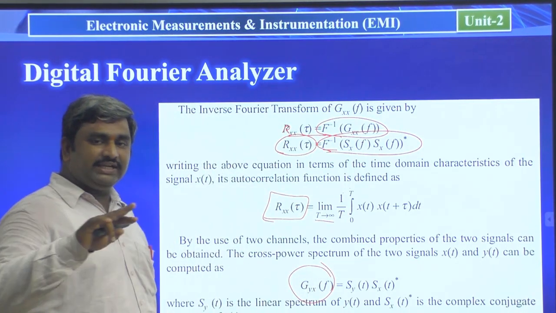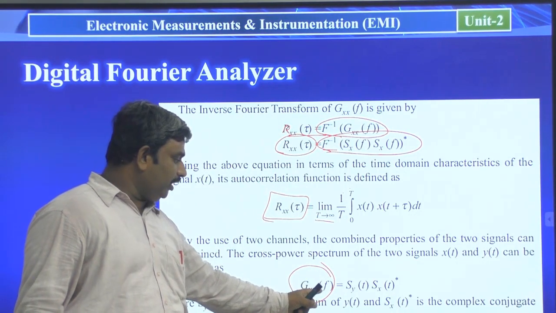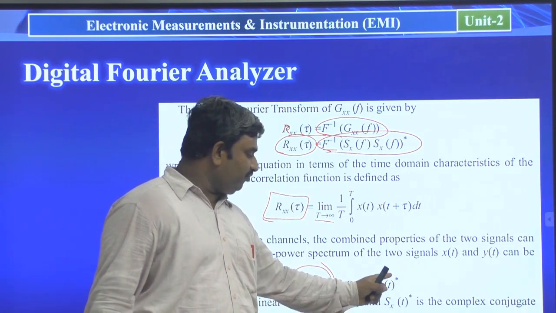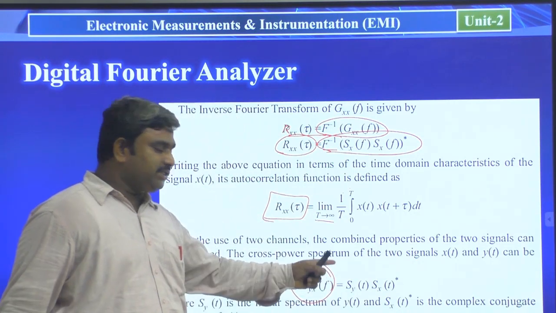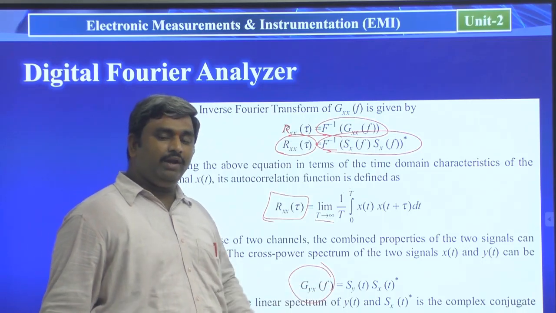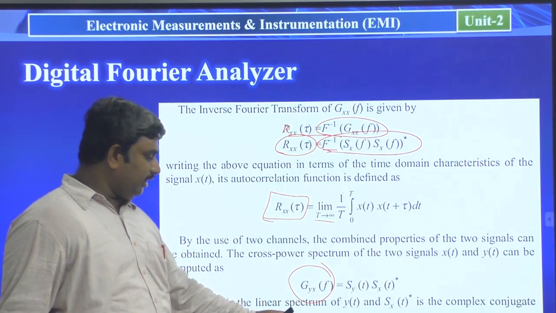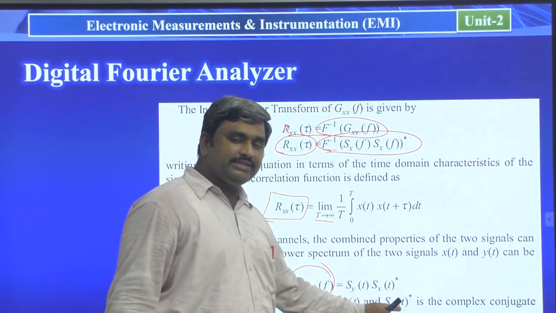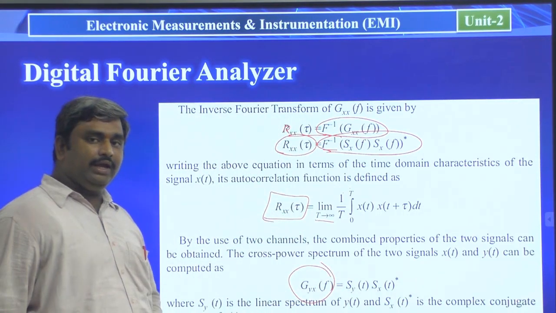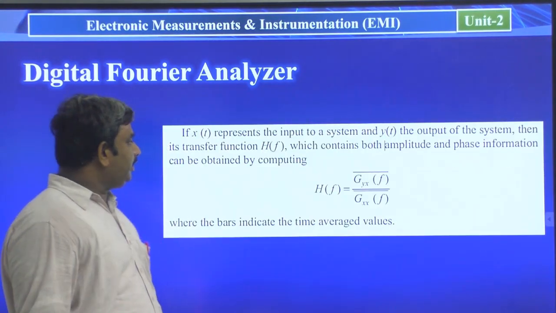For the two signals x and y we represent it as Gyx of f equal to Sy of f into Sx of f star. The x term we have taken as the complex conjugate of Sx of f, and Sy of f is in the original form, where Sy of f is the linear spectrum of y of t, and Sx of f star represents the complex conjugate of x. So these are the two functions we have written.